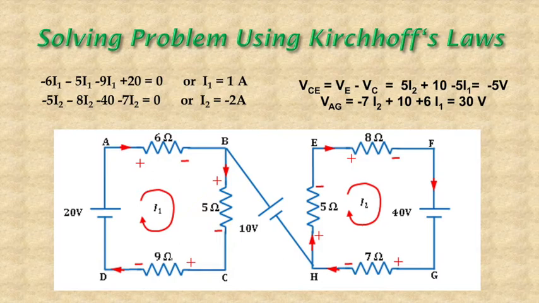For this given circuit, we have to find out the voltage drop across CE and the voltage drop across AG.